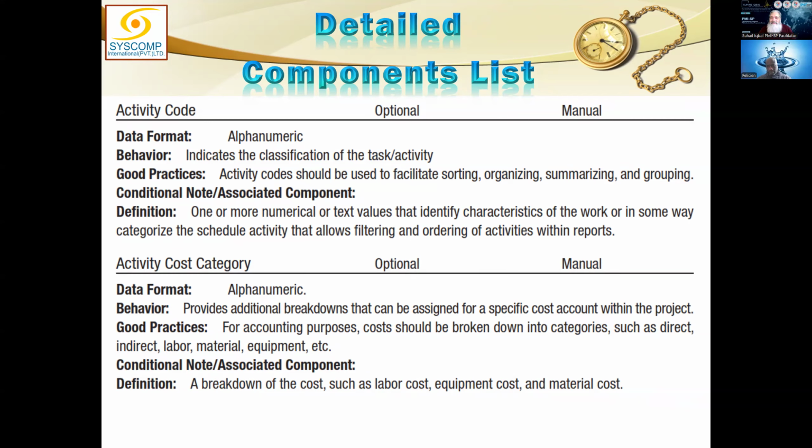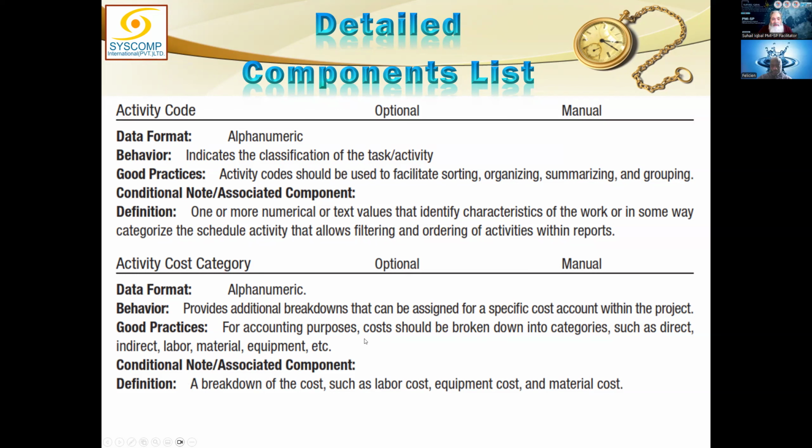So all the elements done under one cost control account may have a number associated with that cost control, for example CCA 1, 2, 3, 4, and 5. All the items in CCA 1 will be numbered like that. This is another indexing system, another sorting mechanism for cost purposes. It provides an additional breakdown that can be assigned to a specific cost account within the project.